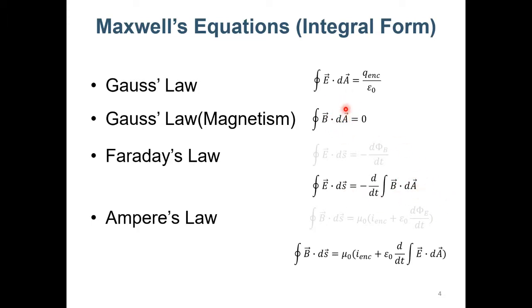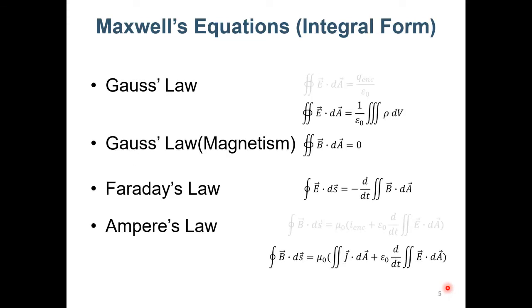They are surface integrals. Likewise for phi E, the electric flux, we can rewrite it as a surface integral of the E field. This is the notation in the textbook, so we'll make it more specific.